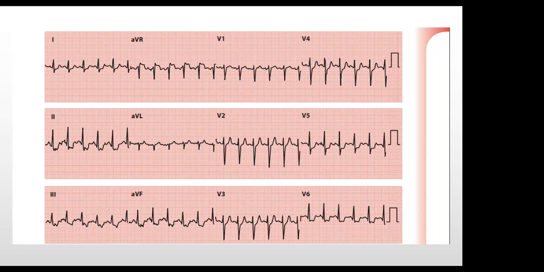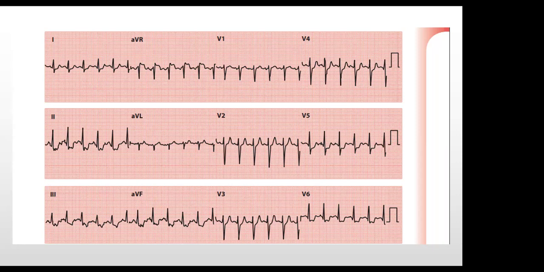Okay, so thank you. As you rightly mentioned, there are widespread ST segment depressions, which in this case appear ischemic because they are horizontal, and then in AVR there's ST segment elevation.